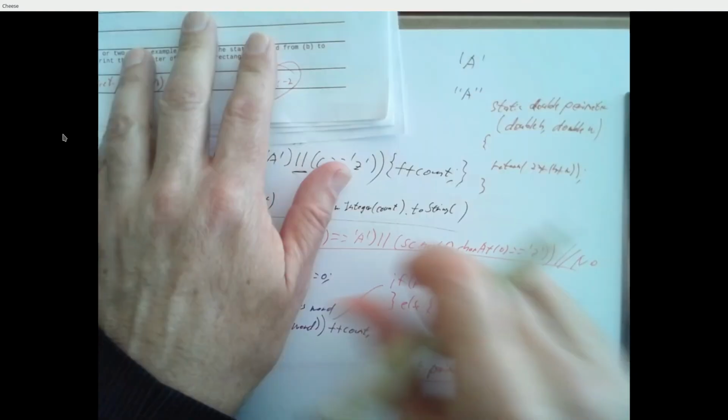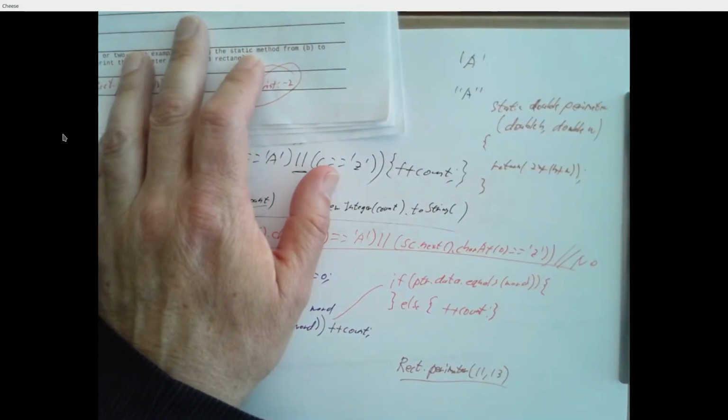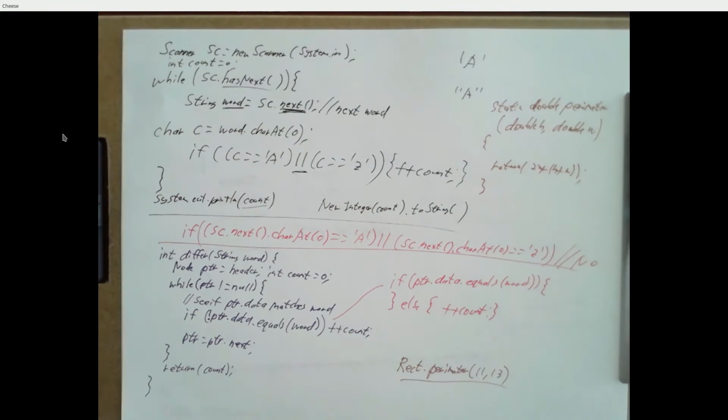And this will return a double, if that's how you declared the perimeter method. And so if you want to print this, you can just put it inside a print line. If you give it a double, it will print it. You don't have to convert it to anything.